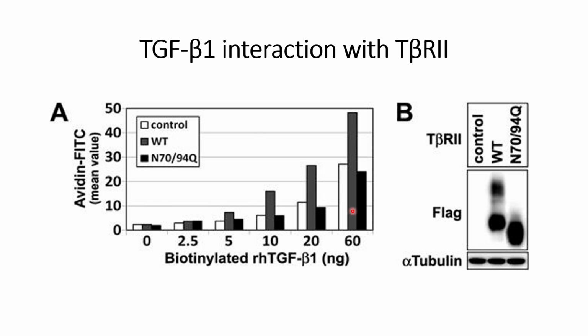So this is the final figure of the paper. From that they conclude that the N-glycosylation of the T-beta receptor 2 plays an essential role for TGF-β1 interaction, and thereby the downstream signaling.